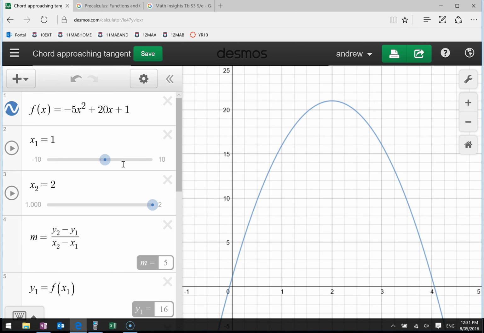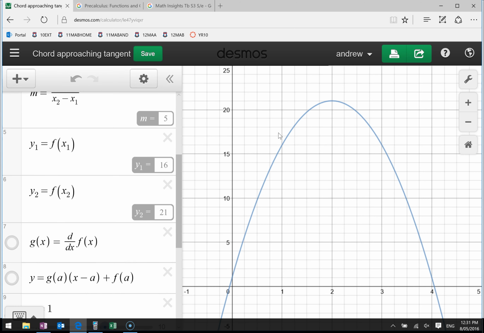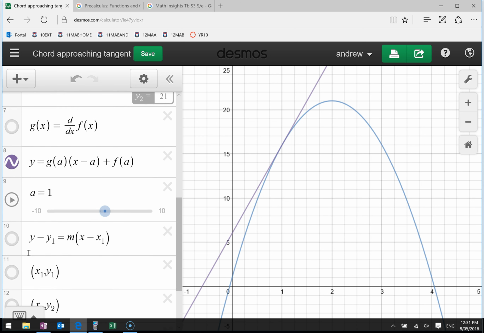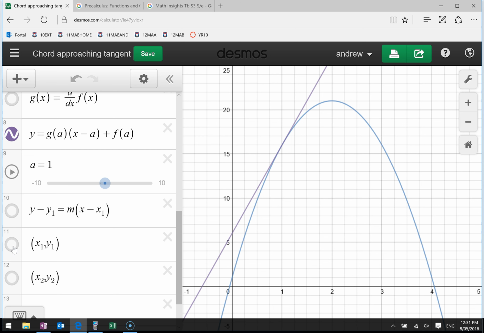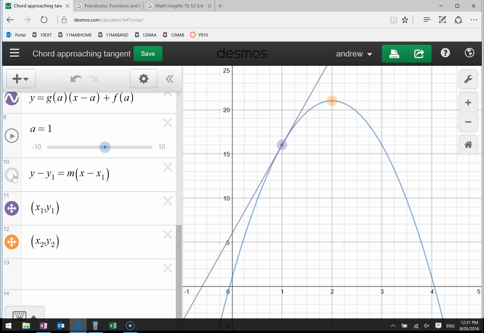So essentially what's happening here is I'm trying to draw the tangent to this point at t equals 1. So I'm going to put the tangent line on there, and we're trying to approximate that tangent by taking a point at t equals 1 and putting another point a little bit ahead of it and trying to find the slope of that line.